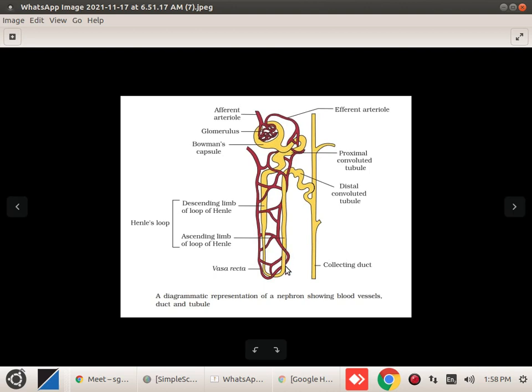First it is thin, and then later on it is thick, and then further it is the distal convoluted tubule. So this is all about the descending limb and ascending limb of the loop of Henle. This is all I am saying about Henle's loop. Is it clear? I hope it is clear to you all.